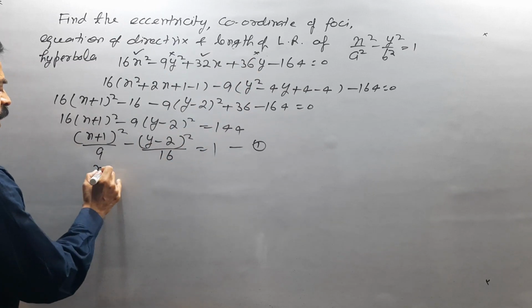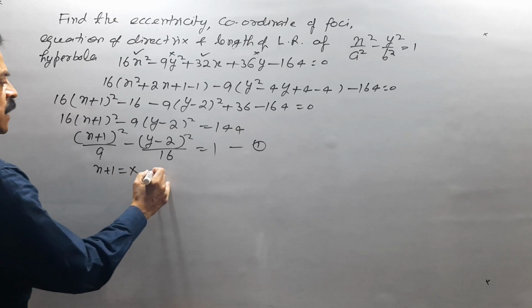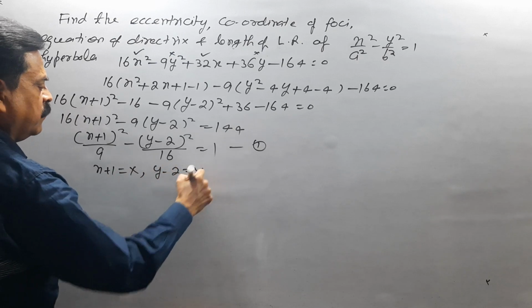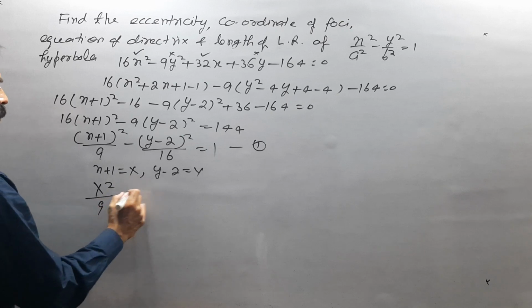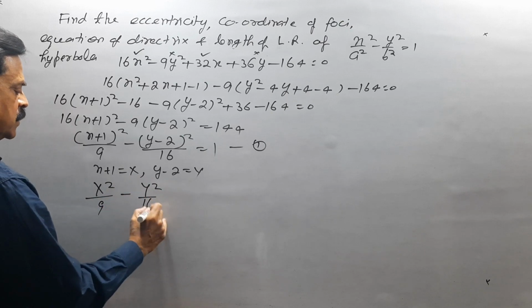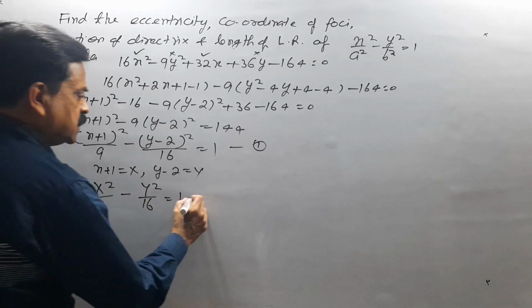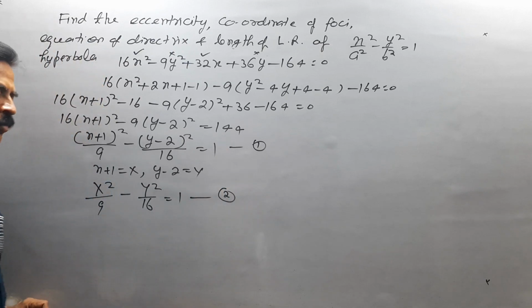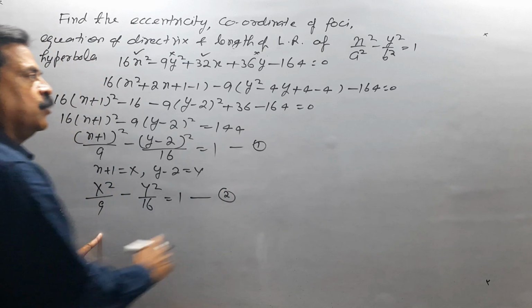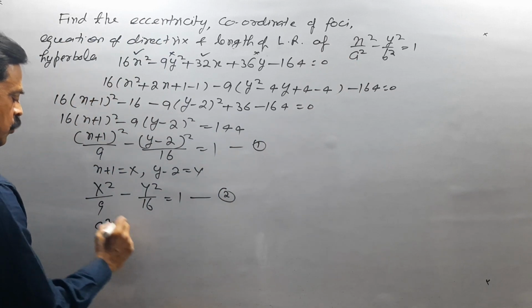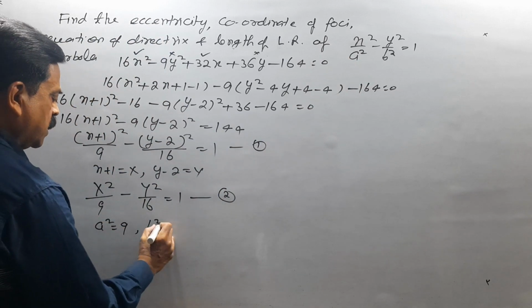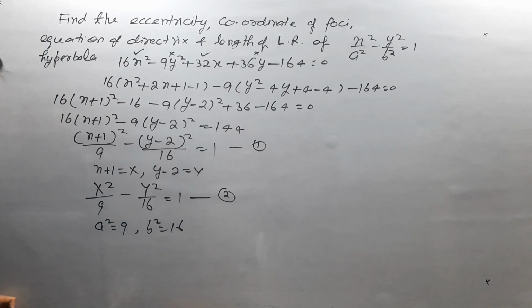So replacing x plus 1 by capital X and y minus 2 by capital Y, we get capital X square upon 9 minus capital Y square upon 16 equals 1. This is the standard form of hyperbola. Now comparing this equation with the standard equation, we get a square equals 9 and b square equals 16.